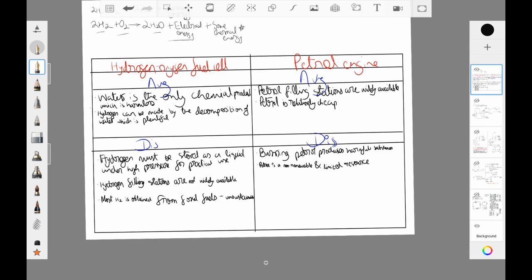There's nothing really to explain here. Just take a quick read, take a screenshot, save it. It's pretty self-explanatory. And yeah, with that, according to the syllabus, we are done with electrochemistry, from electrolysis to hydrogen-oxygen fuel cells. And yeah, that should be it.